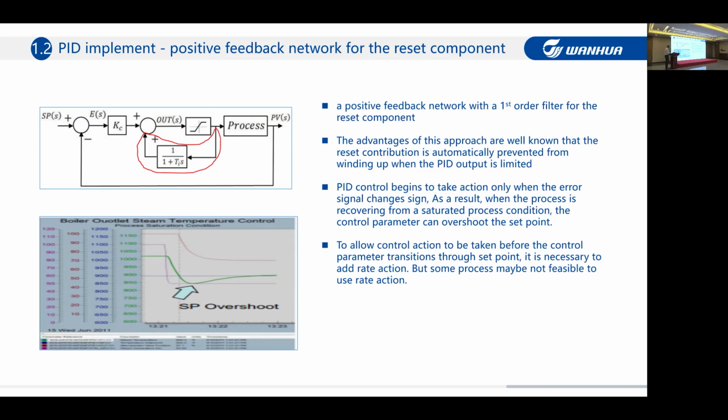This is the problem in our protection control, because we don't want more overshoot in the control performance. You can see here we have an overshoot, the green line is the overshoot. In this case it's very much what we don't want, because the overshoot may cause the relief valve to open.